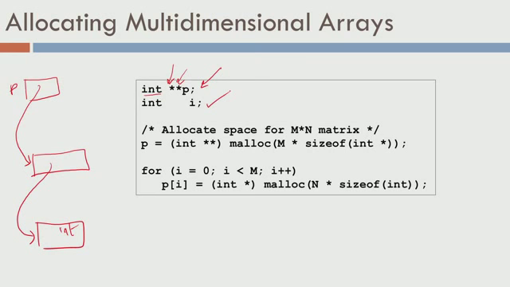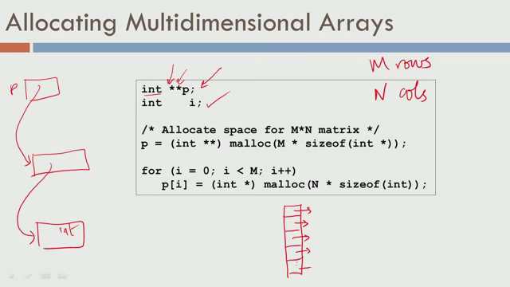Now let us see how to allocate a multi-dimensional array. So let us say I want m rows and n columns. The first thing you do is allocate m pointers first. So we have m pointers that are being allocated, and this is not going to get pointed to anything.